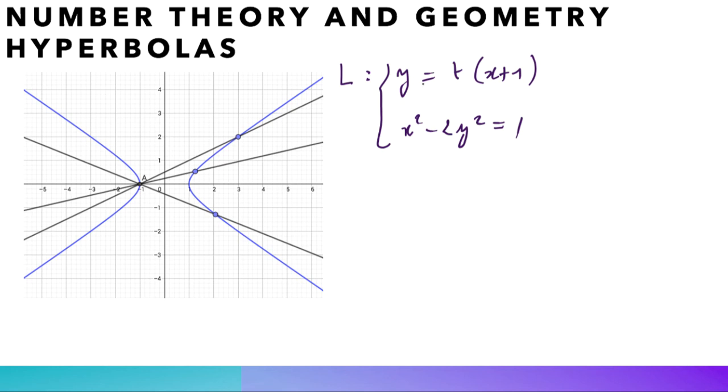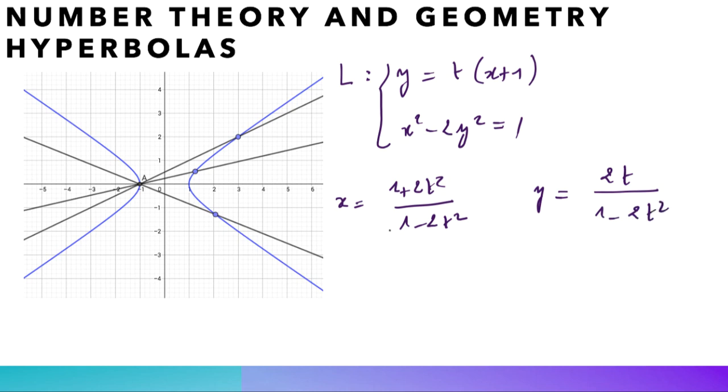By substituting, one easily finds that x is (1 plus 2t squared) divided by (1 minus 2t squared), and y is equal to 2t divided by (1 minus 2t squared). Notice here that 1 minus 2t squared is non-zero because t is rational.